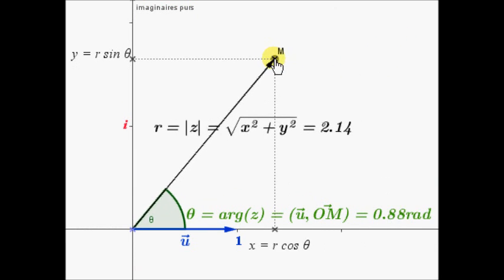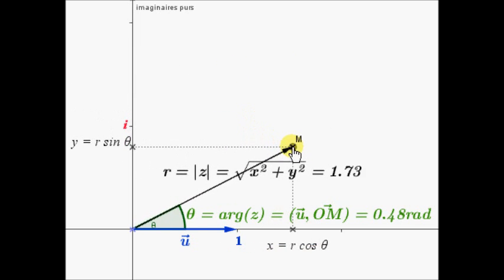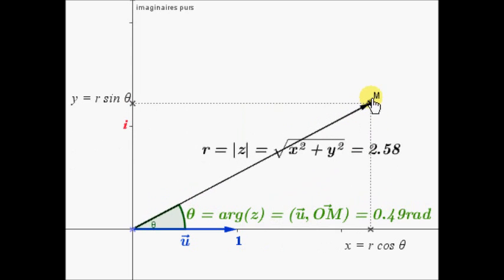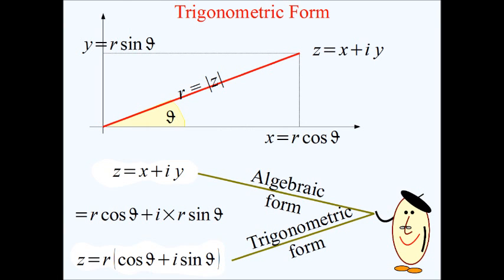You can observe that x equals the modulus times the cosine, and y equals the modulus times the sine. It's important that with this we can easily calculate the trigonometric form. And you see that the trigonometric form is the modulus times cosine plus i times sine.